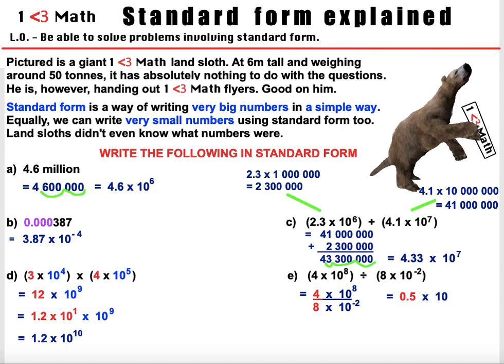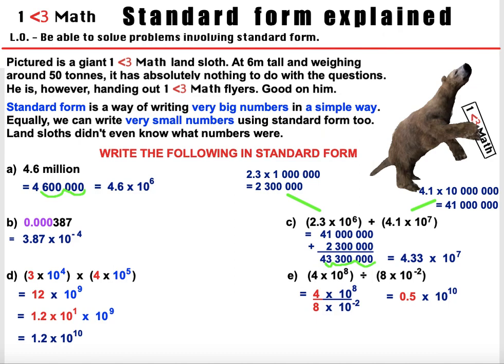Simplified, 4 over 8 as a fraction is a half, and that's 0.5. So we've got 0.5. Now 10 to the 8 divided by 10 to the minus 2. When you're dividing indices, you're going to be subtracting. So it's going to be 8 minus minus 2, which becomes 8 plus 2, and that's why it's 10 to the power of 10.